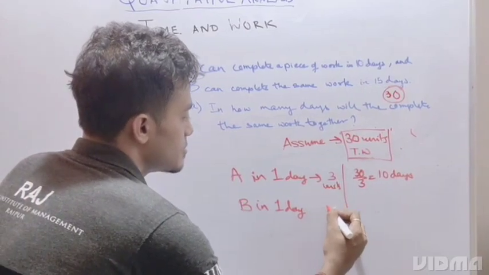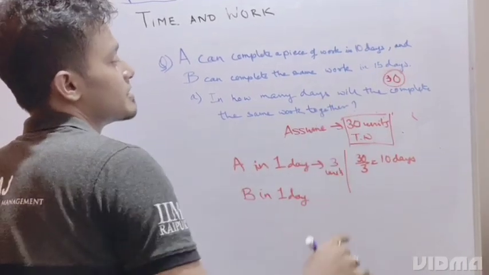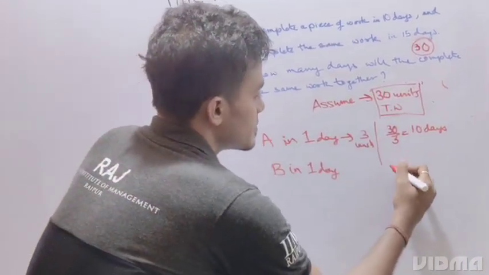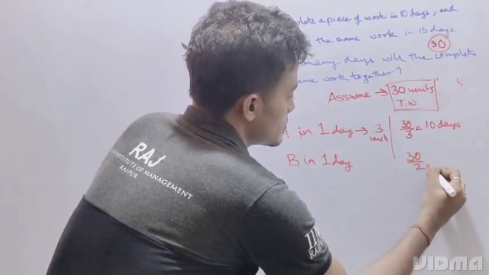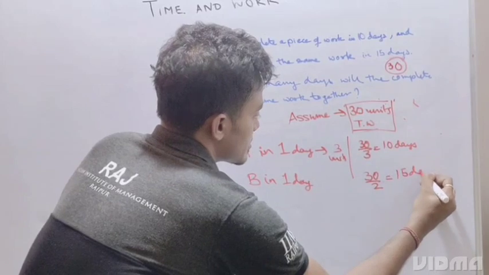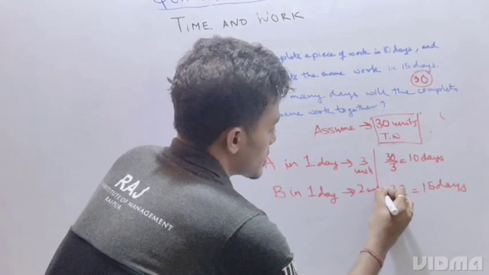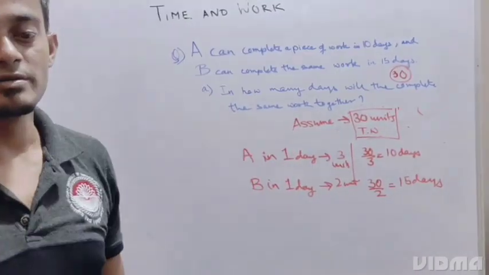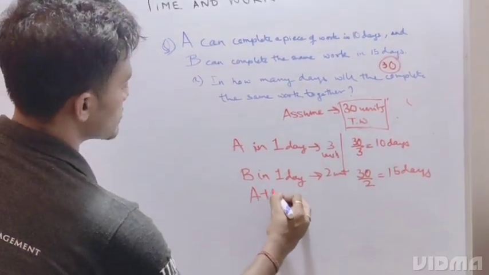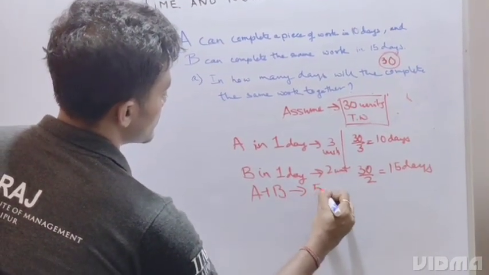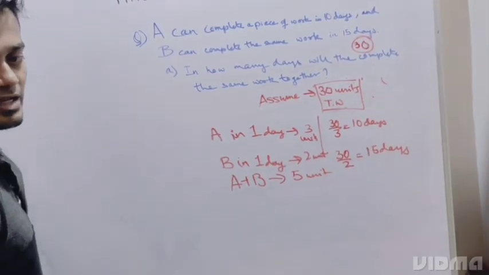B can do the same work in 15 days. So B will need to do 30 by 2, that is equal to 15 days. So B needs to do 2 units of work, right? So A and B together will do 3 plus 2, 5 units of work per day, right?